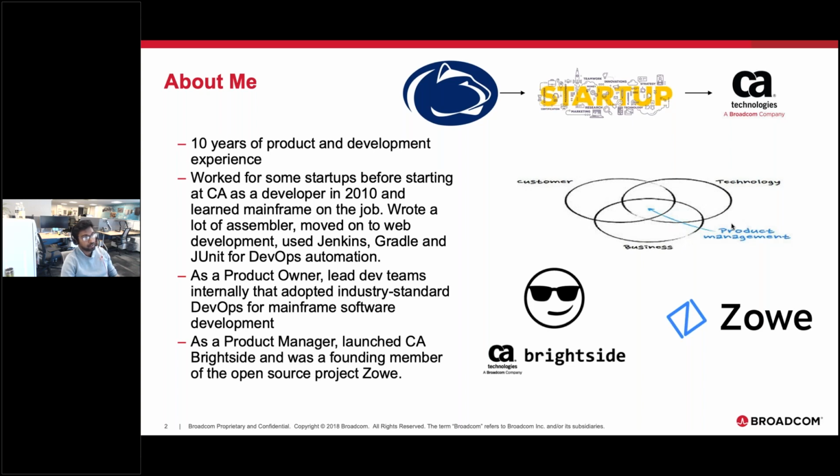We eventually turned that into a product called CA Brightside, and I became the product manager for it. Eventually, CA at that time decided to open source the code for Brightside to become part of the Zowe project.